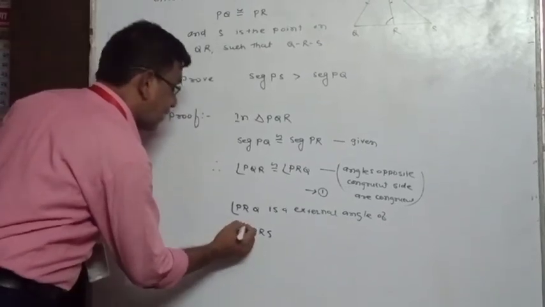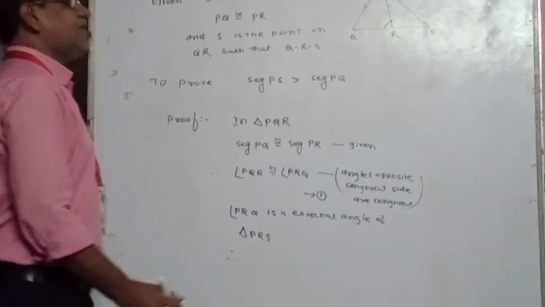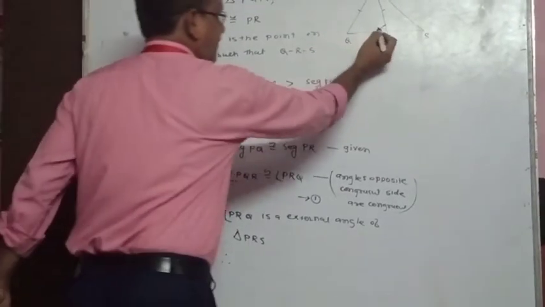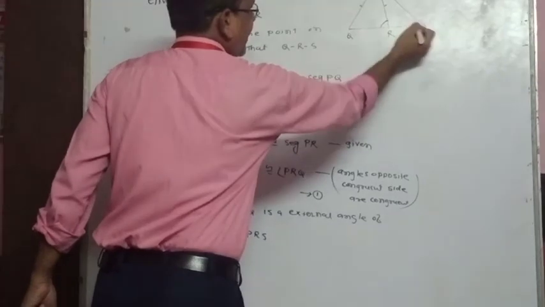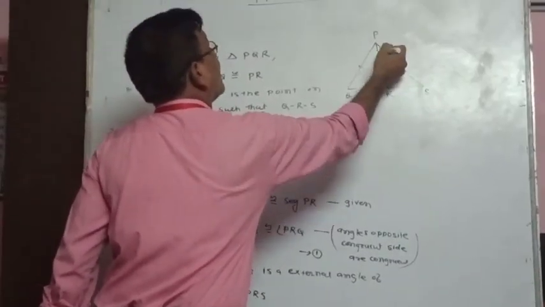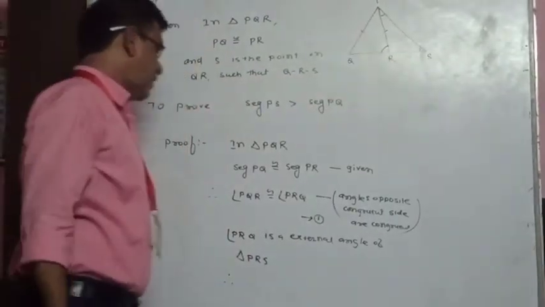Therefore, you know the property of the external angle of a triangle, that is the remote interior angle theorem. This angle is always greater than this angle, or you can say that the measure of this angle is the sum of the measures of these two angles. It means it is greater than this angle. Okay, you can say that.